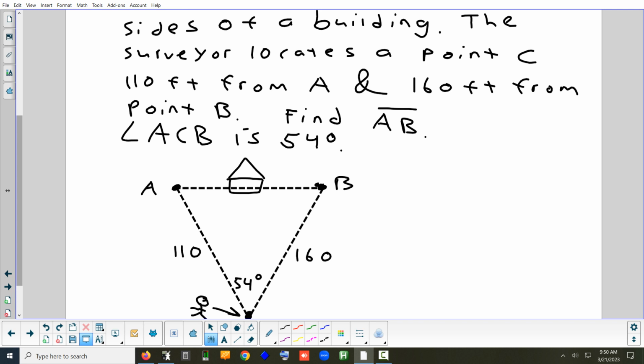He measures the distance from where he's standing to point A and where he's standing to point B, and measures the angle between those 2 points to be 54 degrees. So there's the diagram. The question is to find the distance between the 2 points. And in this case, it would probably be easy. You could just measure it. But again, maybe there's a river or something and you can't go across it easily.